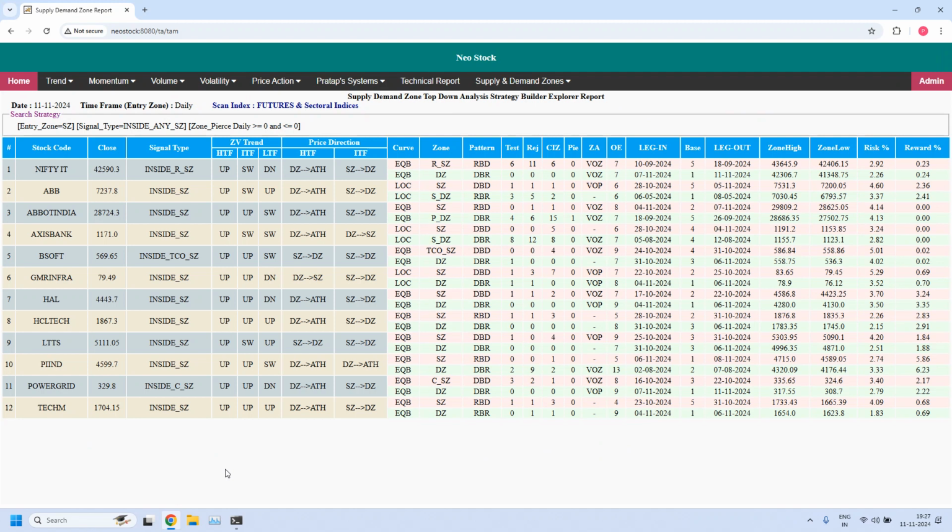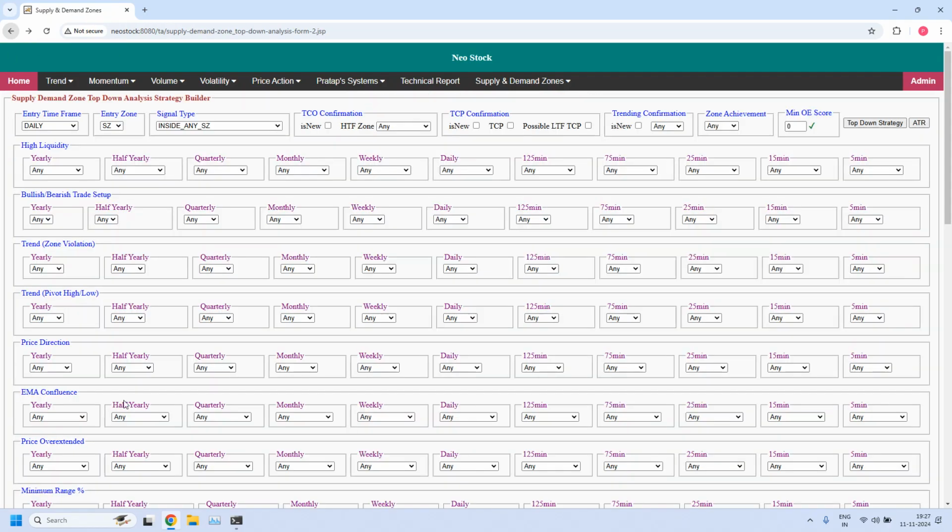Are there any high probability setup daily zones we need to identify? For that, let's look for EMA Confluence, daily supply zones with EMA Confluence. Daily time frame, daily supply zone with daily EMA Confluence.